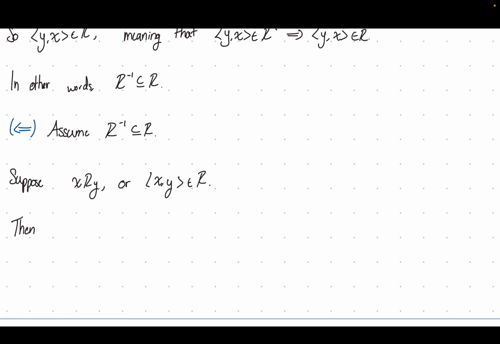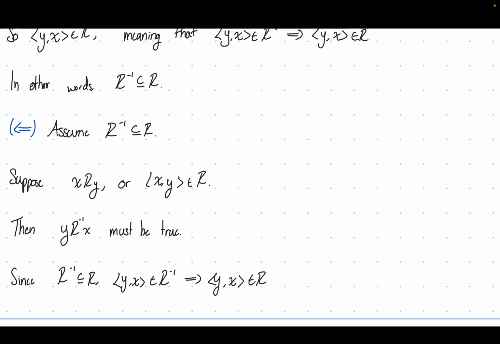Then Y R inverse X must be true as well. And then since R inverse is a subset of R, Y comma X being in R inverse implies that Y comma X is in R, meaning that Y R X is true.